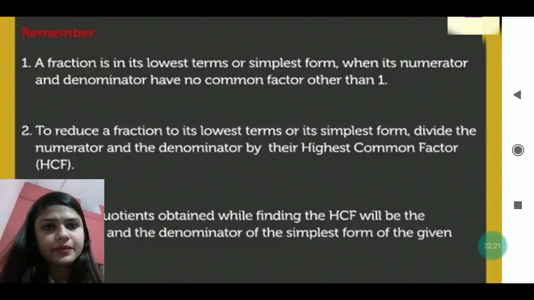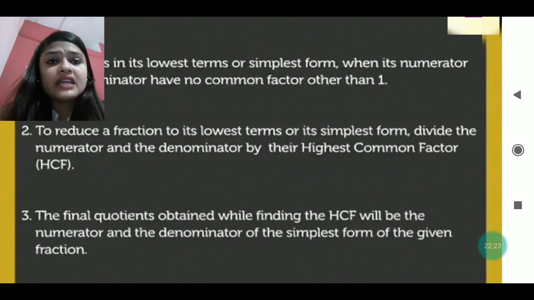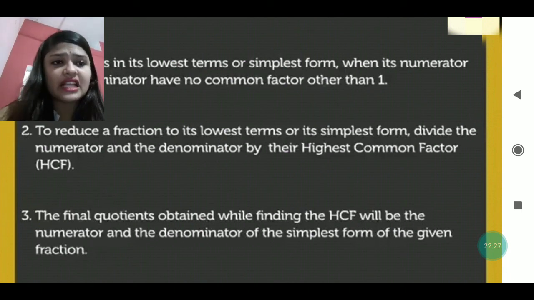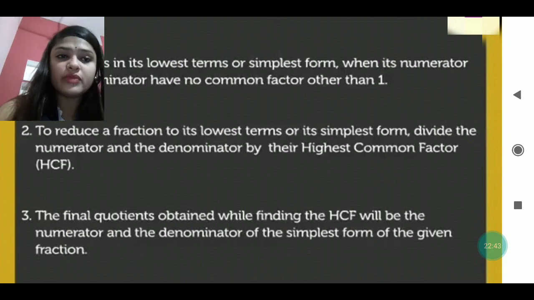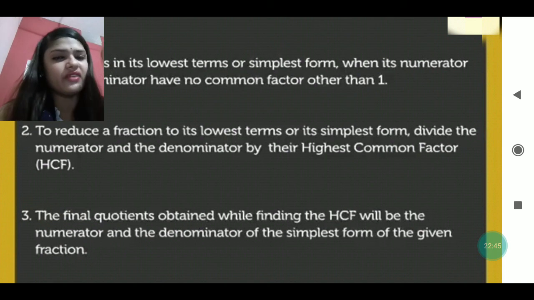Next, the last point: the final quotient obtained while dividing by the HCF will be the numerator and the denominator of the simplest form of the given fraction. What does it mean? The final answers which you obtain while dividing by the HCF will be the numerator and the denominator of the simplest form of the given fraction.